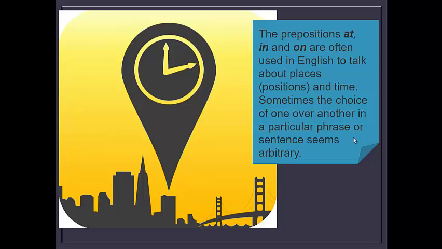Sometimes the choice of one over another in a particular paragraph or sentence seems arbitrary or it can be confusing. That is why I will introduce you when you should use the prepositions in, on, and at in situations of time or place, and also other examples of prepositions.